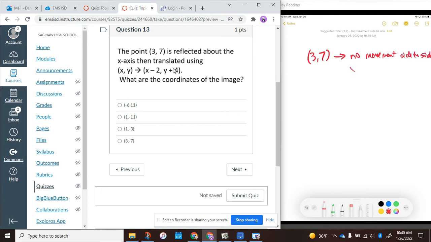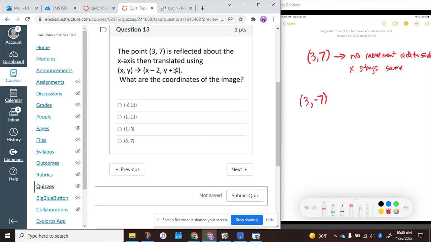So the x will stay the same. But the y value is suddenly going to become the opposite of what you started with. So after we do this the first time, it's going to become 3, -7.